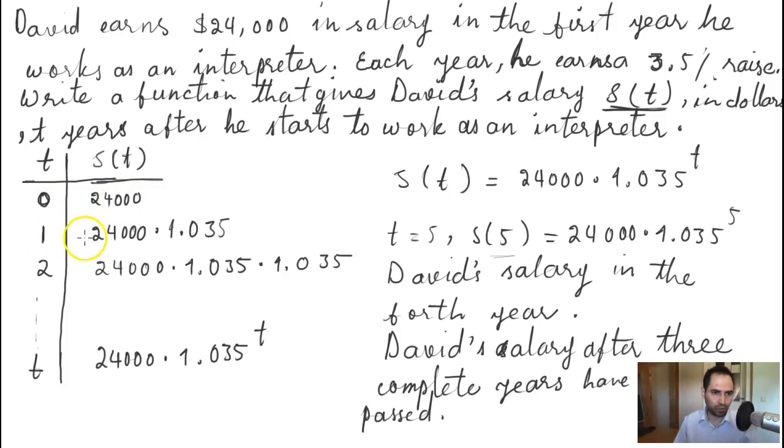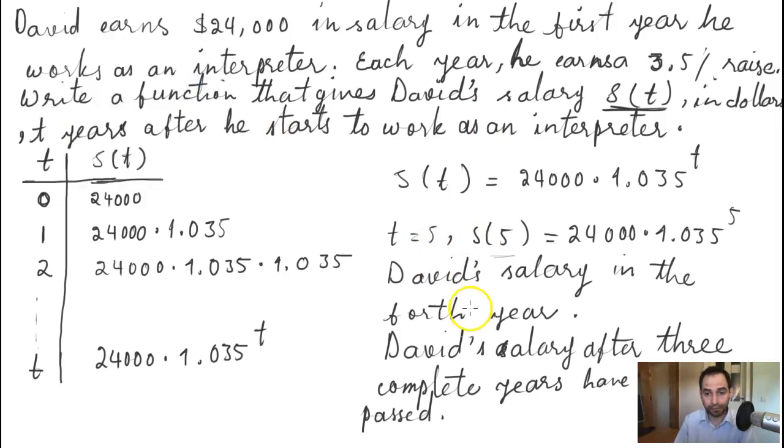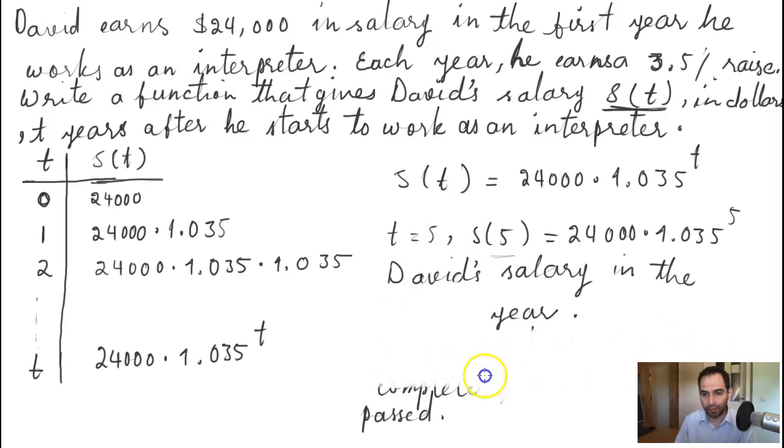When t is equal to 1, you are in the second year. Oh, I'm sorry, I made a mistake here. When t is equal to 0, you are in the first year.